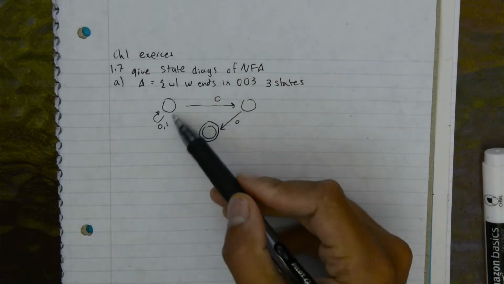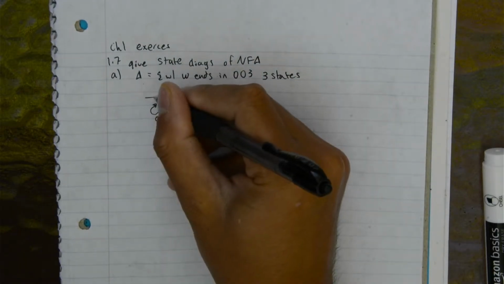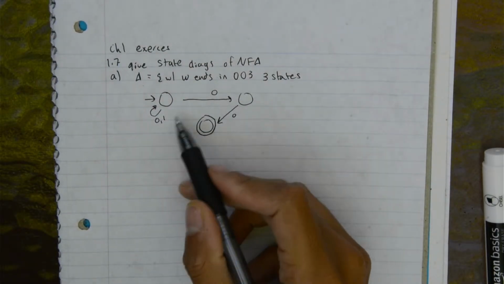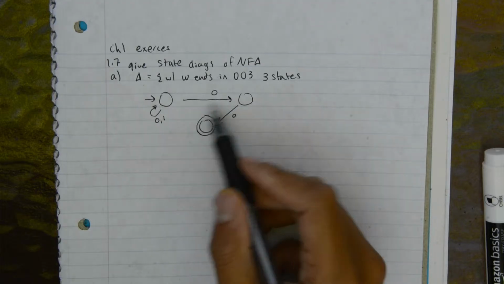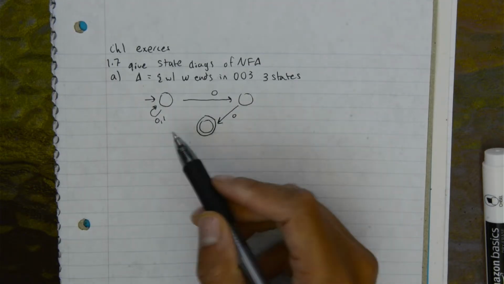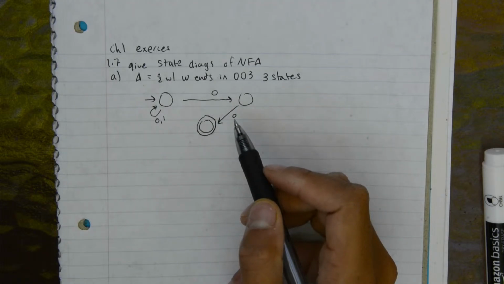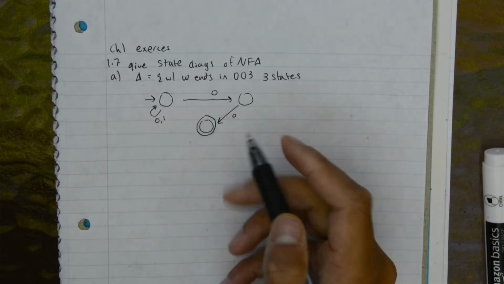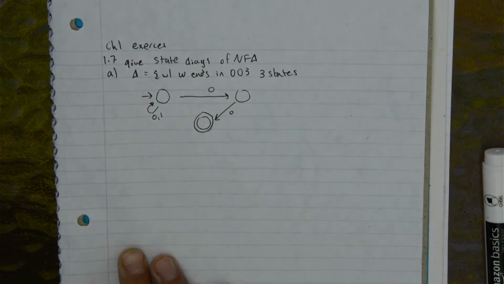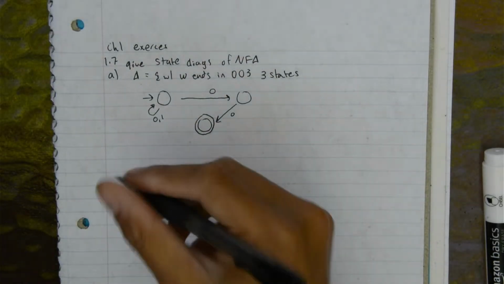So you can hang out around here for a while, computing whatever you want. But then at any point, you can branch on these zeros. And if you have any path to this point, then you're good. So I'm pretty sure that this is correct. And I think we actually looked at the answer and it was correct.